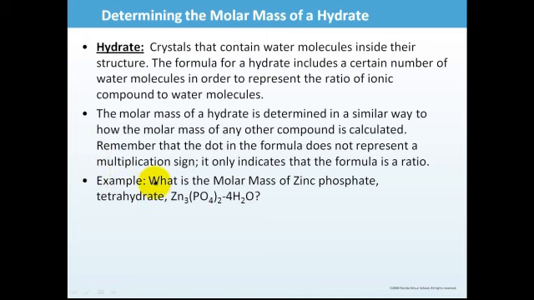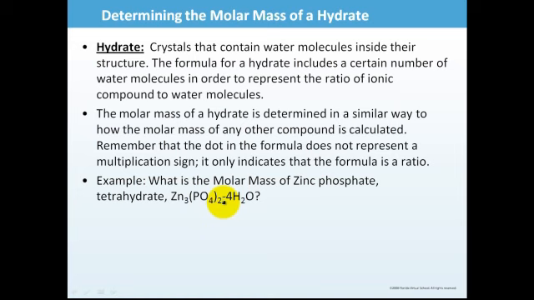For an example, down here we have zinc phosphate, and you can see here's the formula. Zinc phosphate tetrahydrate is Zn3(PO4)2 · 4H2O. That dot in math would mean multiply. In chemistry it does not mean multiply.